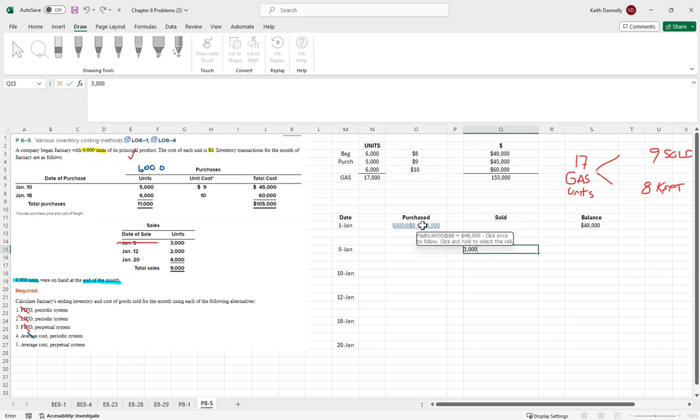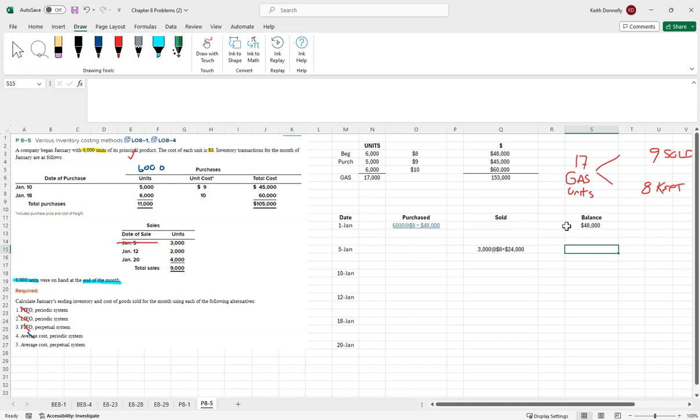At this point, everything we paid $8 for, so the average cost in that case is going to be $8, which equals $24,000.